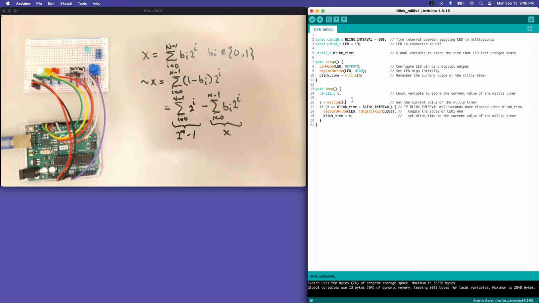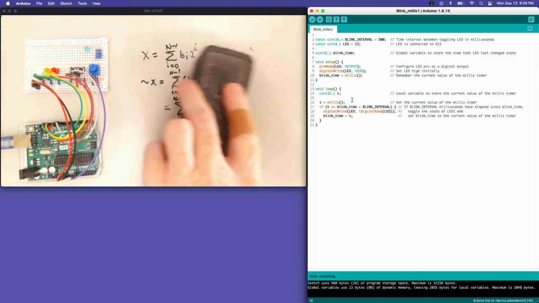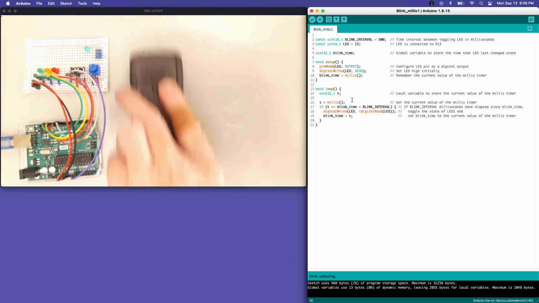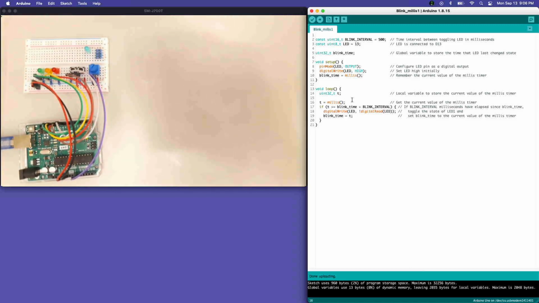So in figuring this out, it also struck me that we're going to have potentially another issue that would happen just slightly before the rollover issue with the millis timer, the way that we've actually set up our if statement in the original code. That has to do with the fact that blink time plus blink interval could very easily be larger than would fit in a 32-bit number. If that's the case, then the right-hand side of this inequality might roll over and wind up being a very small number.